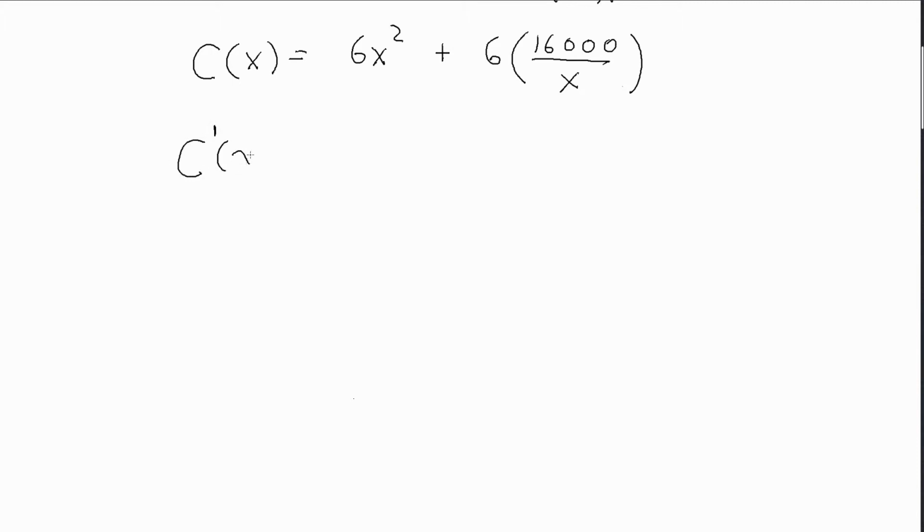So I find the derivative, which is 12x squared. And now if I find the derivative of this business, it's a negative 6 times 16,000 divided by x squared. Okay. Now I want to solve this, find out when this is 0, so I write down the equation.